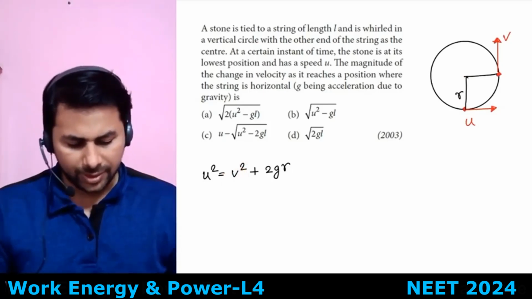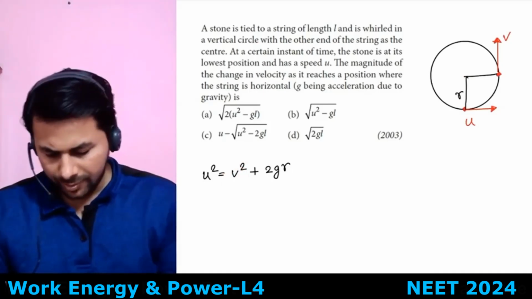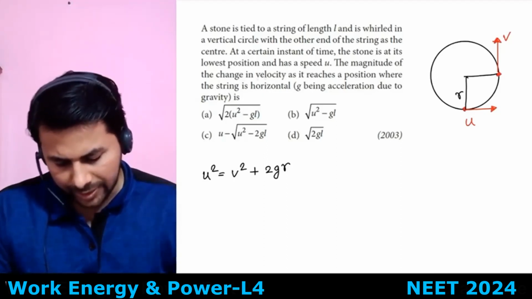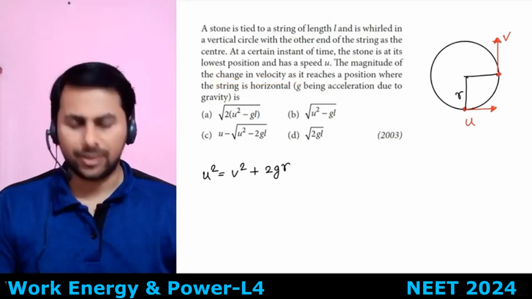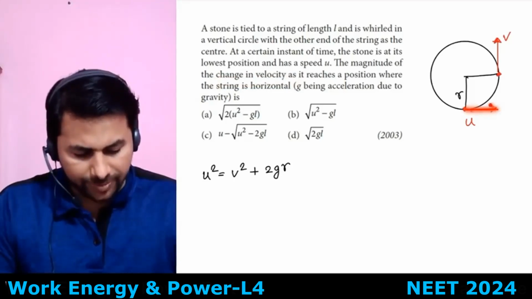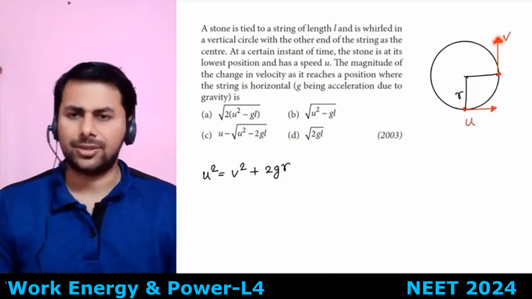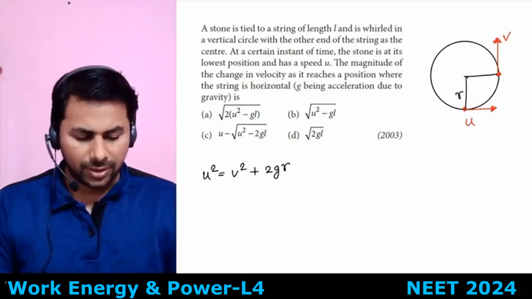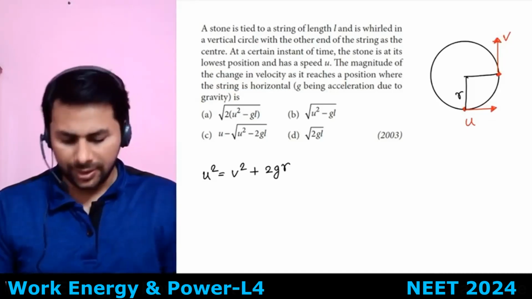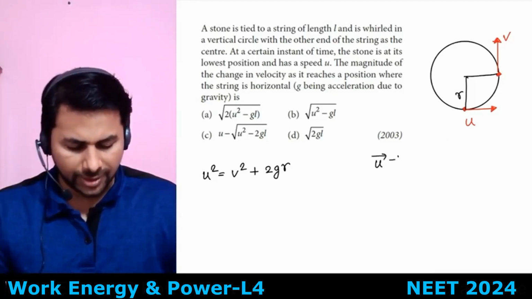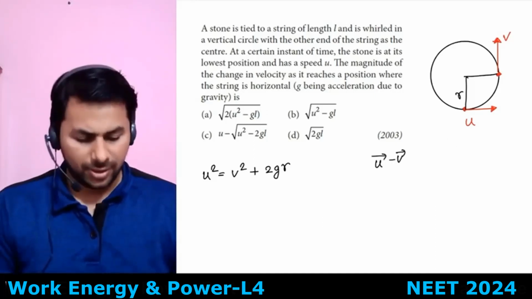So we can find out v. After that, we want the magnitude of change in velocity. So velocity at this point is in this direction, at this point is in this direction. Now you want change in velocity, that means you want u bar minus v bar.